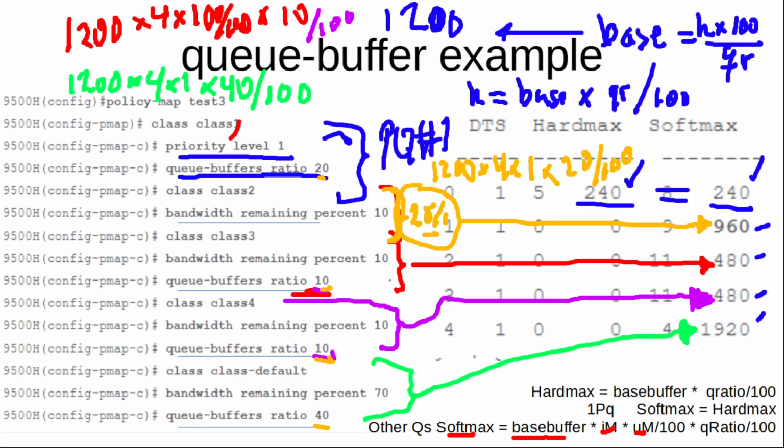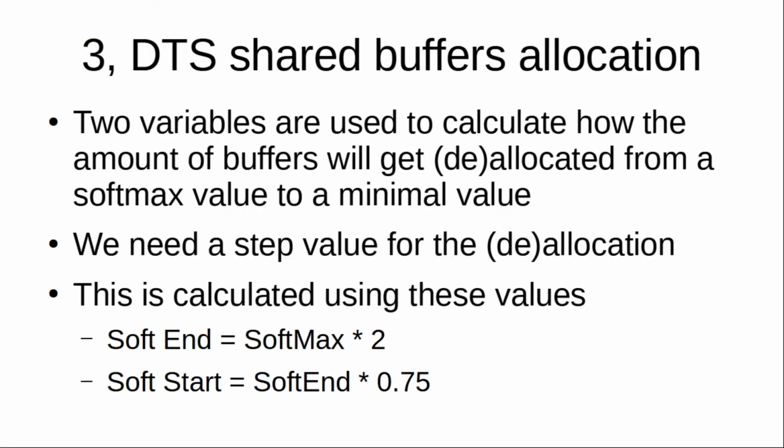So let's go into more complex features. Part number 3, remember that DTS, which stands for dynamic threshold scale, will allocate and deallocate buffers to your ports and queues. So there is actually a way that DTS will use in order to allocate and deallocate buffers.